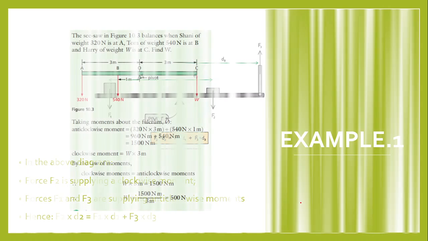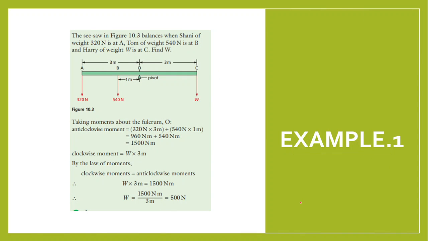Now this is another example, and there are two or three kinds of questions that can come in the exam. The first one can be that you're asked to find the perpendicular distance of a force from the pivot, and it is given that the lever or whatever is in the question is in equilibrium.